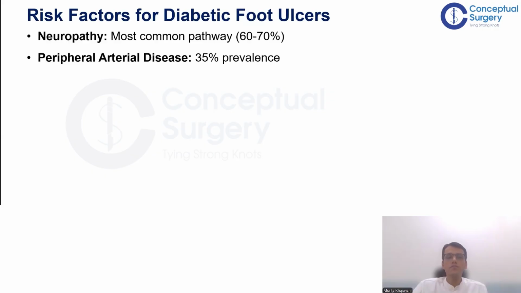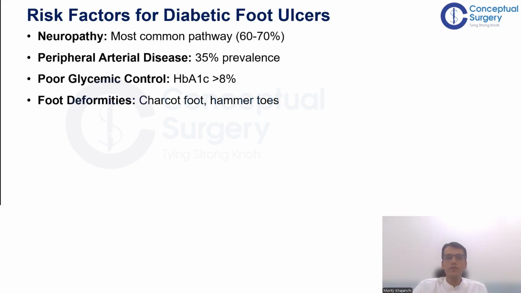infected foot ulcer. Peripheral arterial disease, the prevalence in diabetic foot is around 35%. Poor glycemic control, which is HbA1c anything more than 8% persistently, will give you high risk of a poor ulcer or an infection.